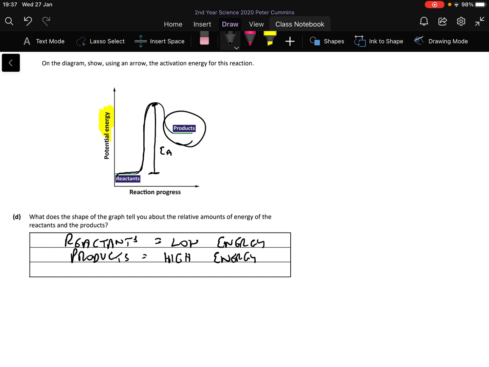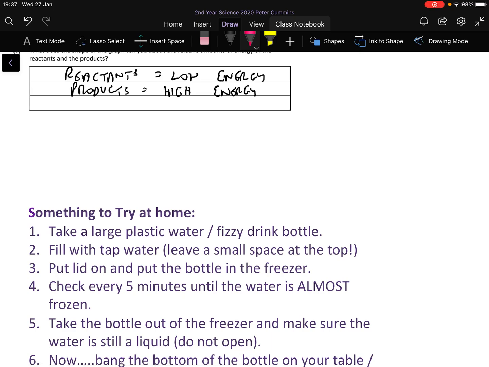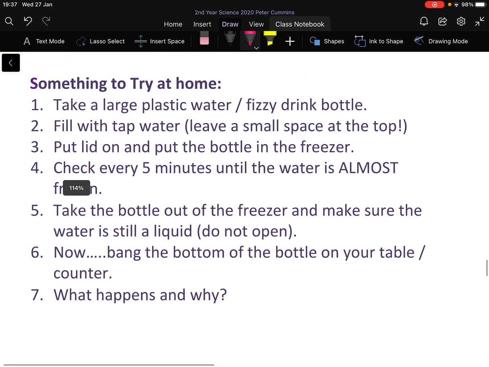Because the energy is taken in, it got over the hump, and then it goes straight to products. If this curve was to go down further, that energy would be released as heat or light or something. So the reactants are low and the products are high energy, or the products are higher than the reactants.